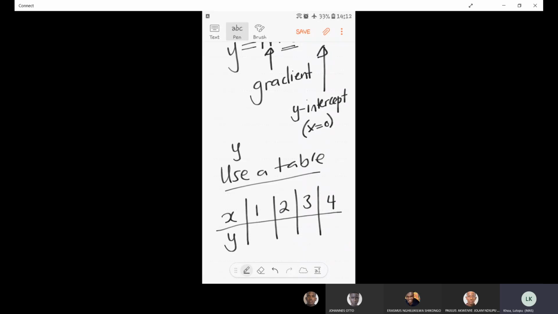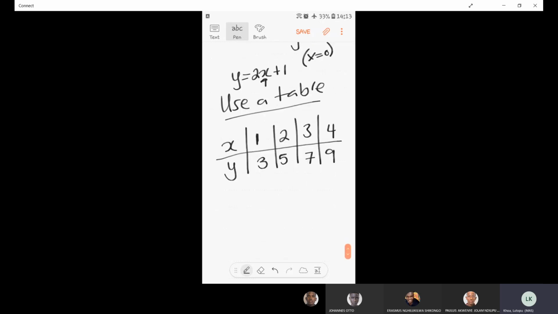Let's say we have y is equal to 2x plus 1. So I will say 1, substitute it there. So 2 times 1 is 2 plus 1 is 3. 2 times 2 is 4 plus 1 is 5. 2 times 3 plus 1, this is 7. And then 2 times 4 plus 1 is 9.